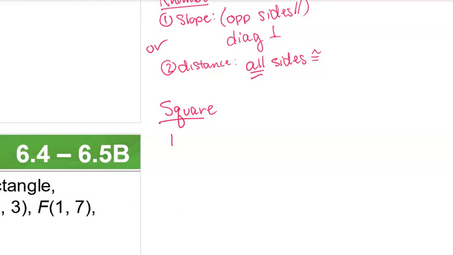if I want to use slope, then I have to prove the opposite sides are parallel, which we know already because it's a parallelogram.